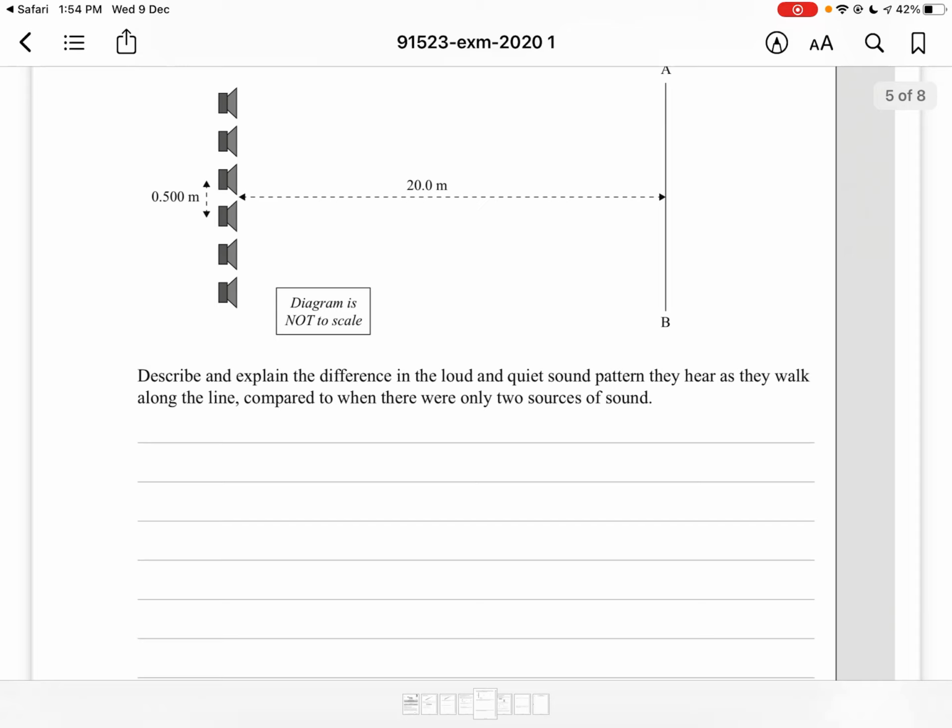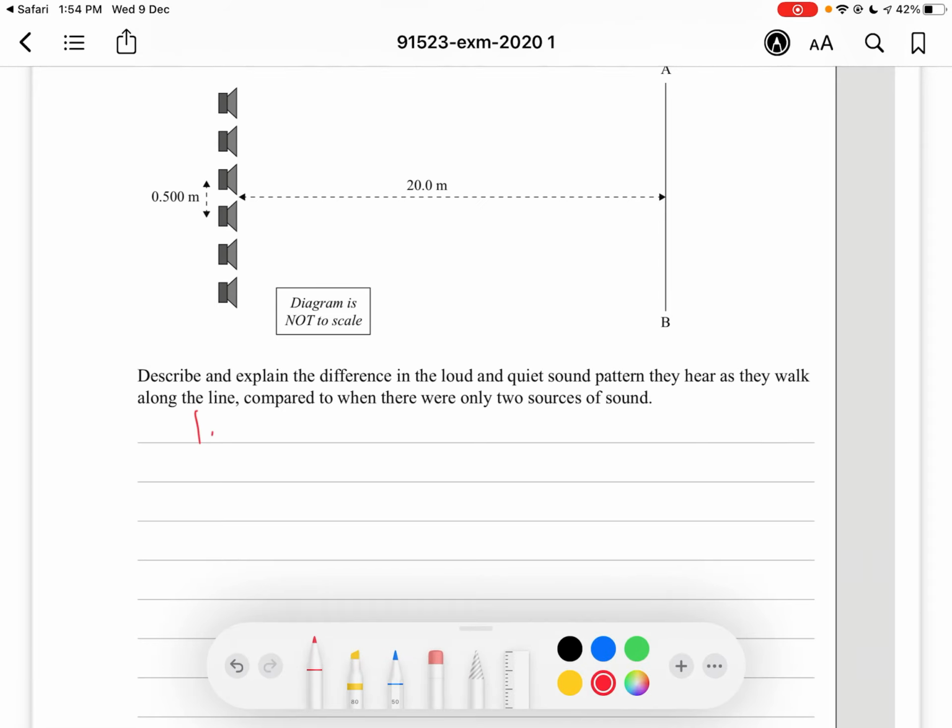Okay, I'm just going to bullet point this one out. So the first difference we need to note down. First difference is that more sources mean more areas of CI and DI.